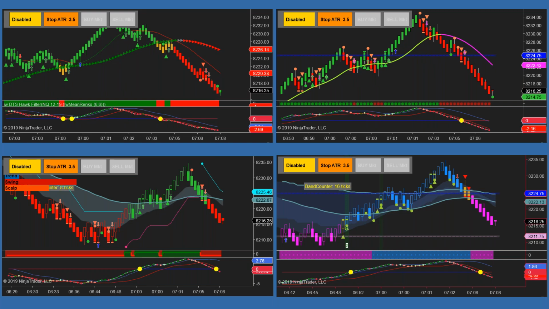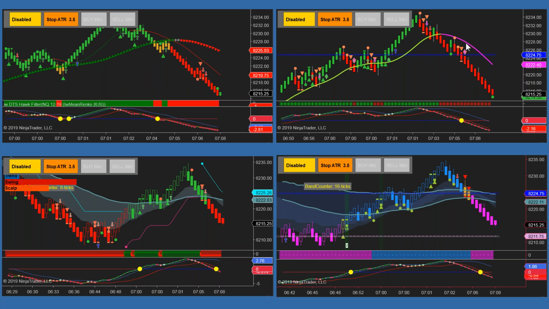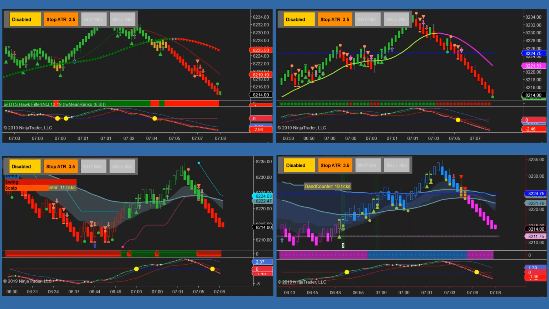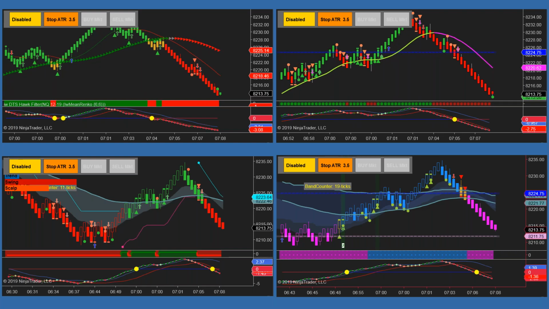Oh, there they go, tumbling a bit. Good follow through on that trend change signal there on the Falcon. Oh, that's too bad. It was just a little bit late.